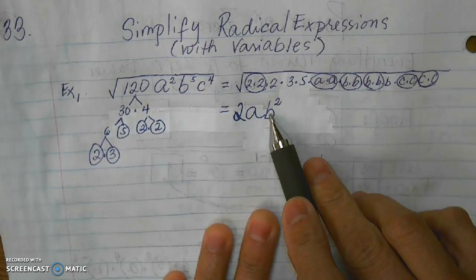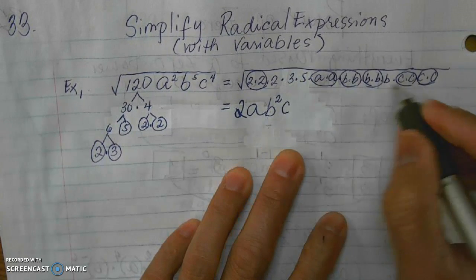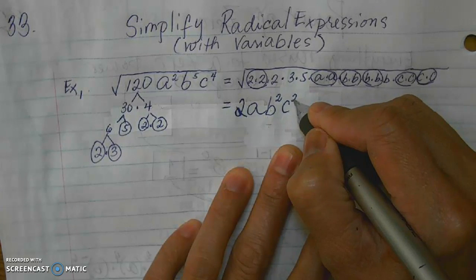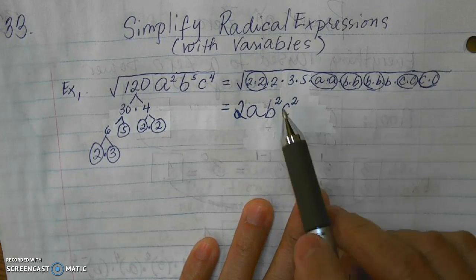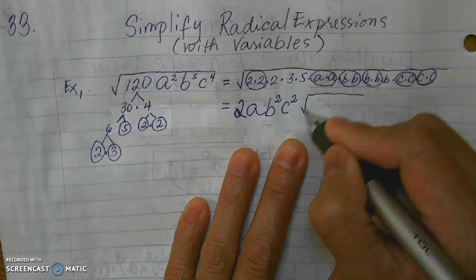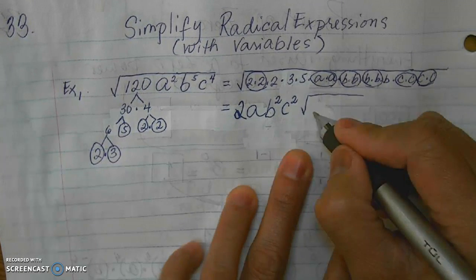The c will also be c times c, which is c squared. And all those with no pairs will be left inside. So inside the radical will be 2 times 3, 6 times 5, 30.